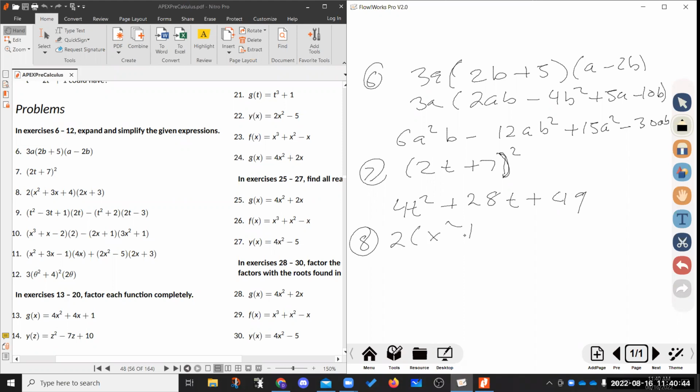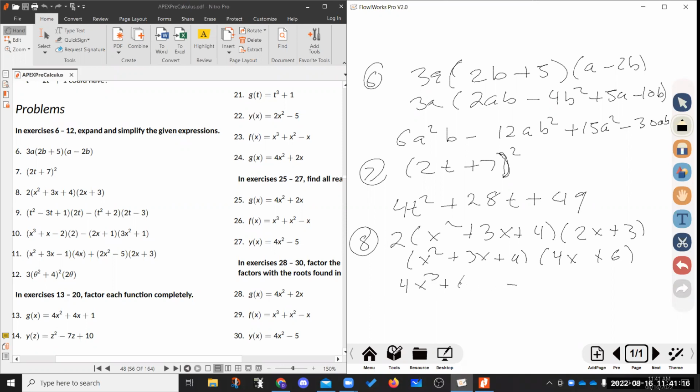2 times x squared plus 3x plus 4 is 2x plus 3. So let's just multiply the 2 times the last one for right now. It doesn't matter what order I do the multiplication in. There it is. So I'm going to take x squared times 4x, get 4x cubed.